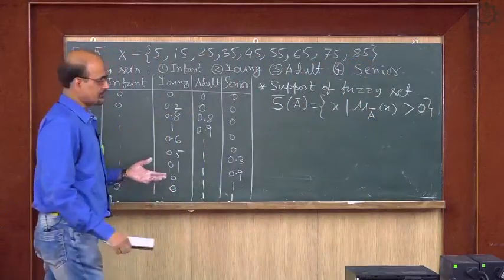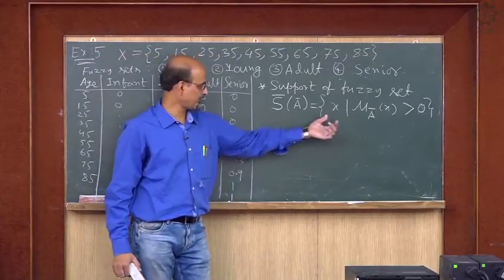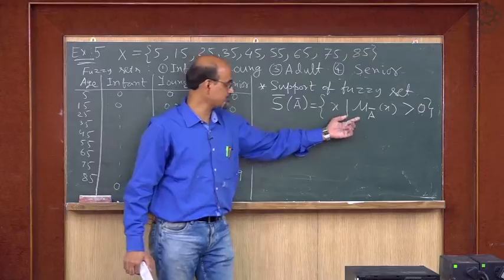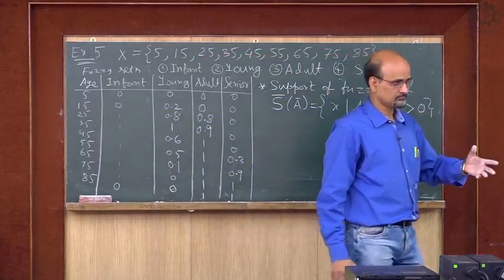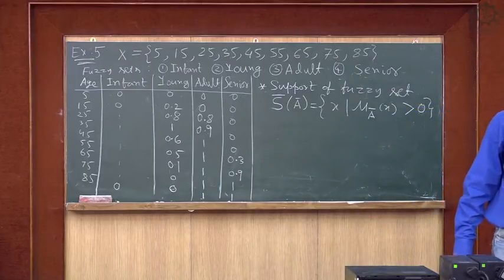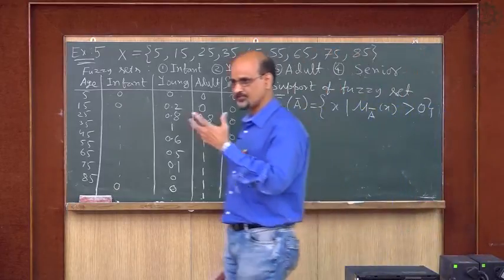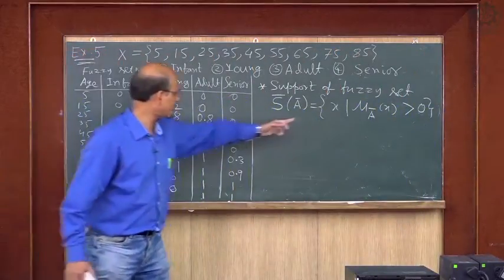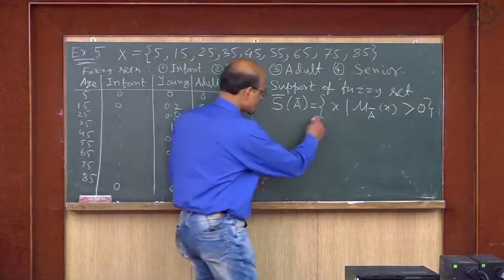You understand? Support of a fuzzy set is defined as those elements for which the membership function value is greater than 0. That means support should be a fuzzy set or a crisp set? Crisp set, because these are all x values. So this is a crisp set.